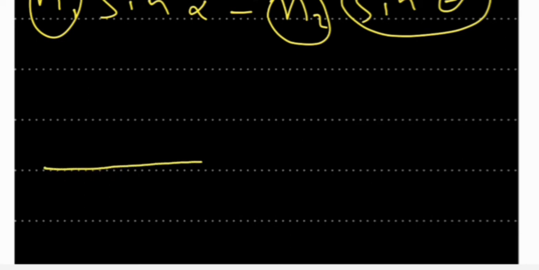Let's say now the light is going like this, and then it goes like this maybe. So it is going from n1 to n2. This is theta and this is alpha.